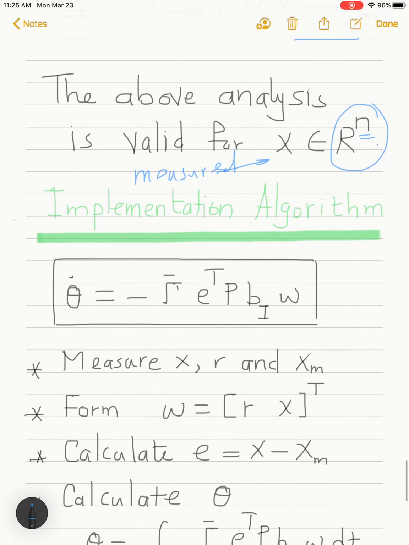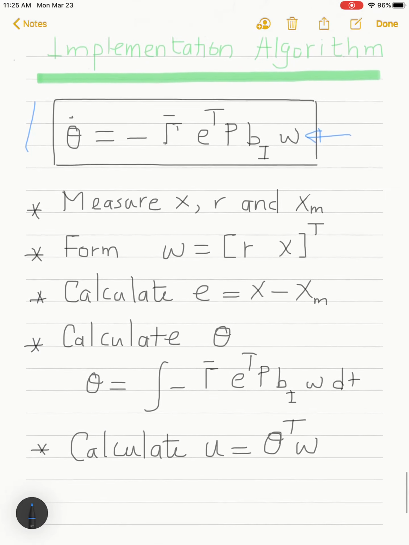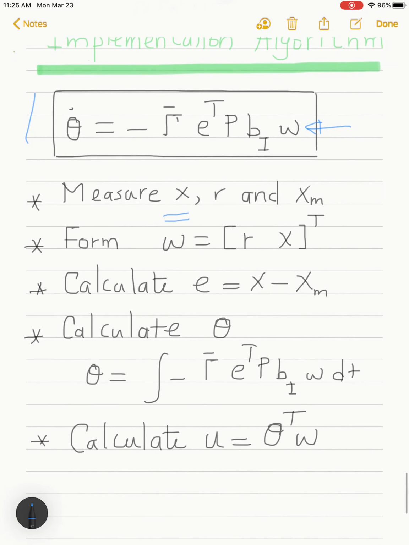Now, how to implement the algorithm? We have now the adaptation equation. So what we do is that we measure the state vector x. We know r, or we measure r, the set point, and we can also measure the states of the reference model.